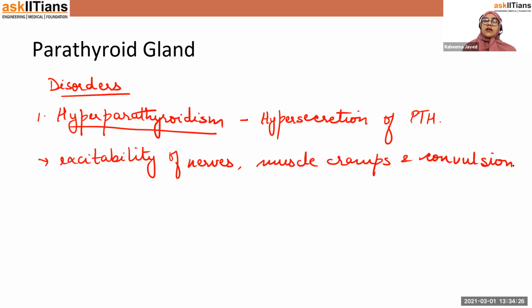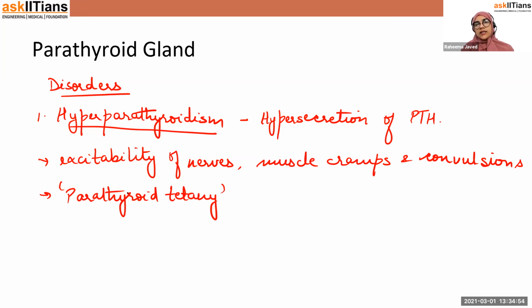Especially there are uncontrolled muscle spasms taking place in the muscles of face, larynx, and the limbs, and that is why it is known as parathyroid tetany. Tetany are the uncontrolled convulsions, uncontrolled muscle spasms. If it is due to parathyroid hormone, then it is known as parathyroid tetany.